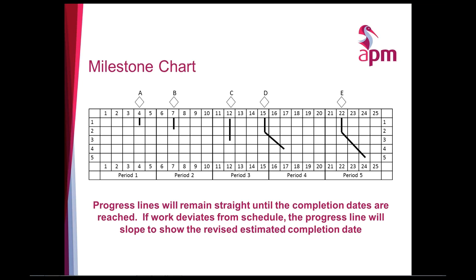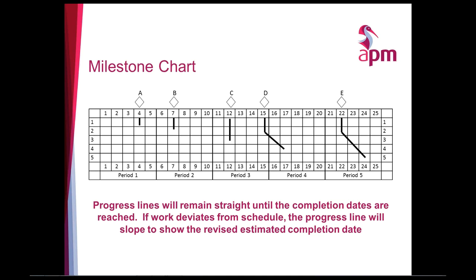One thing we can use is what we call a milestone chart. What we've done here is put the milestones at the weeks, or days, when those milestones are due. Each week we then plot which milestones have been achieved and when. So milestone A was due in week 4 of period 1, and it was actually achieved in week 4 of period 1, as were milestones B and C. So they've been achieved when they were actually required.